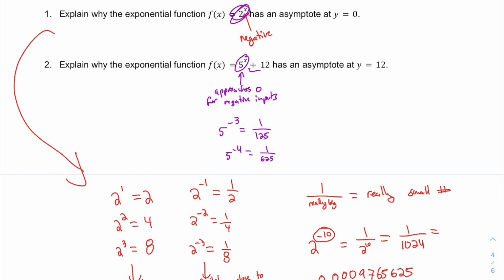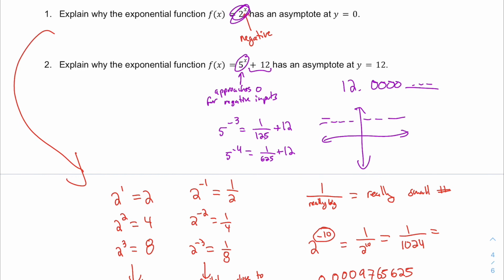However, after we get closer and closer to 0, we always just add 12. So plus 12, plus 12. We're essentially taking 12 and adding on some tiny decimal, getting closer and closer to 12 because it's basically 0 plus 12. So our graph would look something like this with an asymptote at 12.